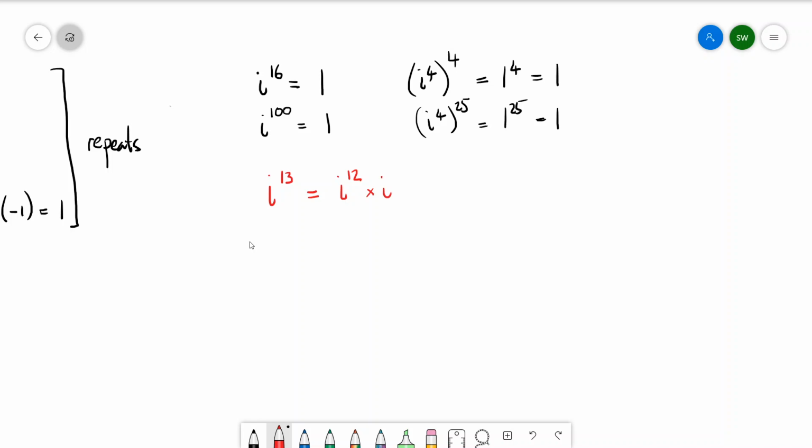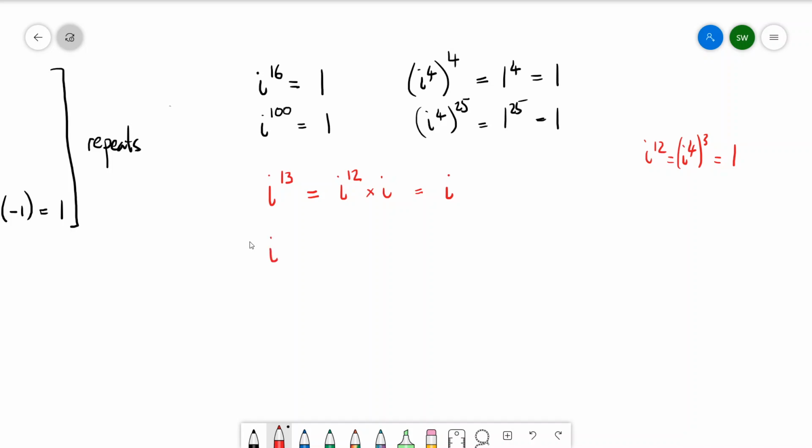Well, because 12 is a multiple of 4, we know that i to the power of 12 is just 1. Or if you prefer, you can use the fact that i to the power of 12 is i to the power of 4, to the power of 3. So that's 1 to the power of 3, which is just 1. So we know that this is the same as i, because it's 1 times i.